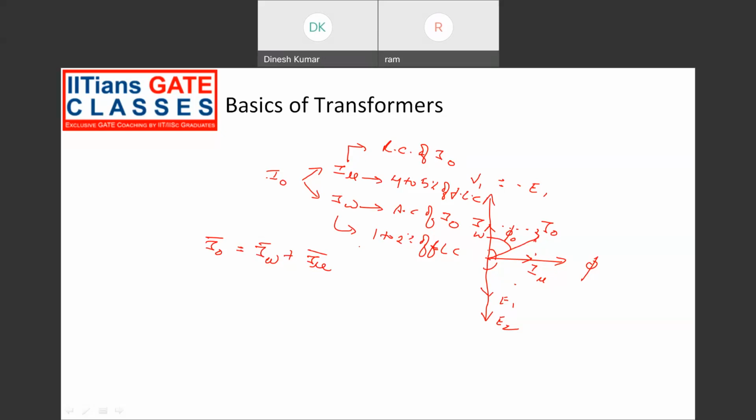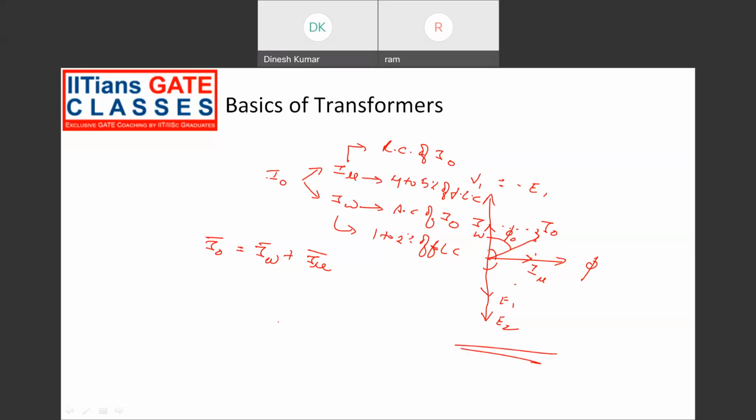So the vector diagram of an ideal transformer at no load, considering finite core permeability and core loss, is shown here. Generally, the transformer is a constant flux device, so there is no change in transformer core flux from no load to full load.